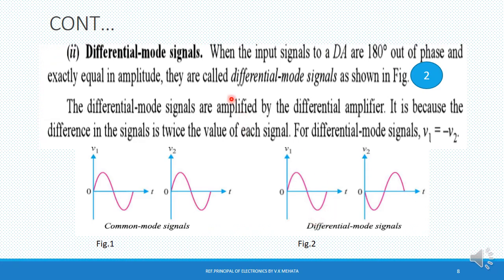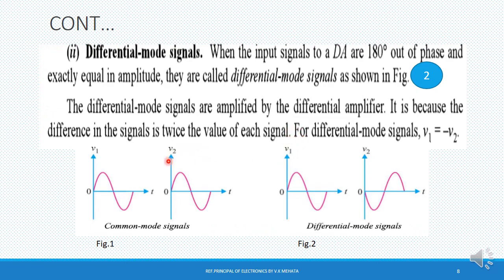Okay, so when the input signals to a differential amplifier are 180 degrees out of phase and exactly equal in amplitude, that we have to remember, amplitude should be the same, they are called differential mode signals. It is very important. The differential mode signals are amplified by the differential amplifier because the difference in the signals is twice the value of each signal.